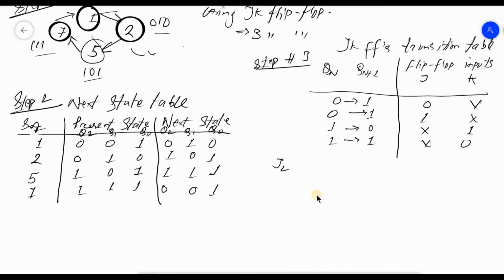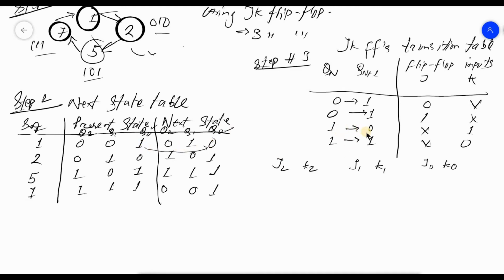We have J2, K2 at first, J1 K1 and J0 K0. We will take the states from here. So we can see that for Q0 present state and Q0 next state, the change is from 1 to 0.